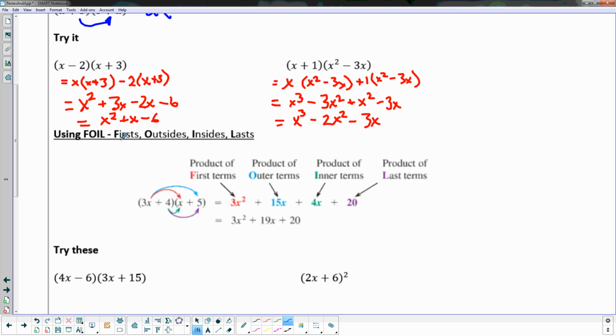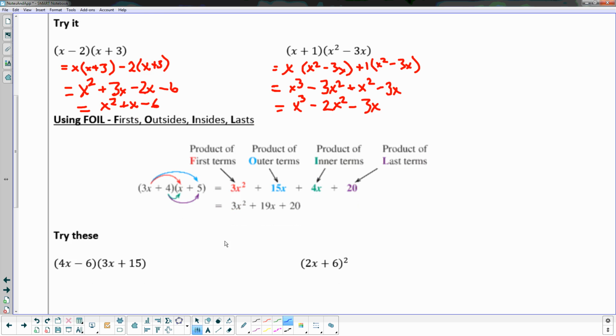But FOIL is an acronym. It stands for firsts, outsides, insides, lasts. I multiply my first two things together, then I multiply my outside two things together, and then my inside two things, and my last two things. Okay, the two things at the last of the parentheses.